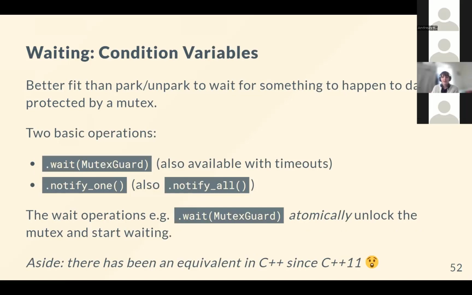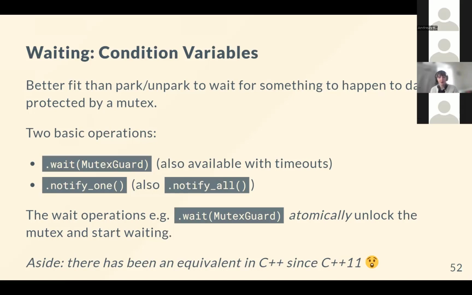A better fit for something like that is condition variables. So these wait for something to happen to data that's being protected by a mutex. There are two basic operations. There's wait, which takes a mutex guard, and there's various versions of it with timeouts, and also notify one and notify all.